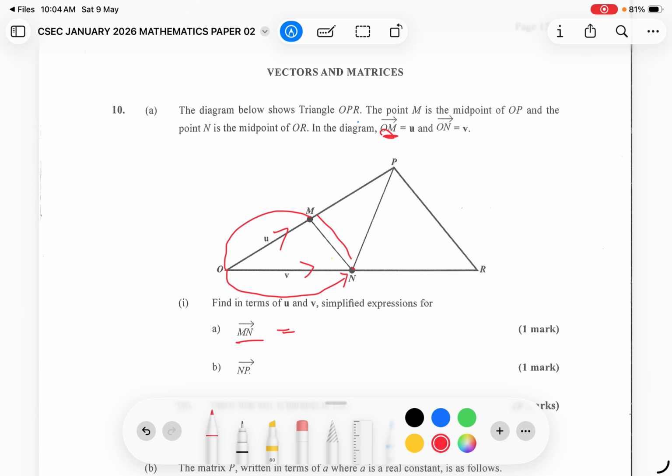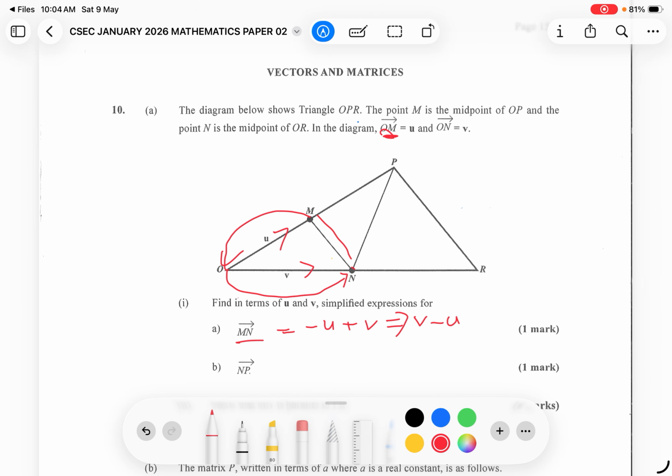The vector OM was given as U. We're going in the opposite direction, from M to O. So instead of using positive U, we'll be using negative U. We're then going to go from O to N. That is the actual direction of the vector itself, so that remains positive V. We could also rewrite this and put the positive to the front and the negative to the back. So that's V minus U. They are representing the same quantities.